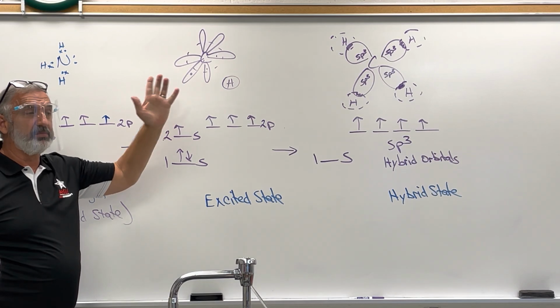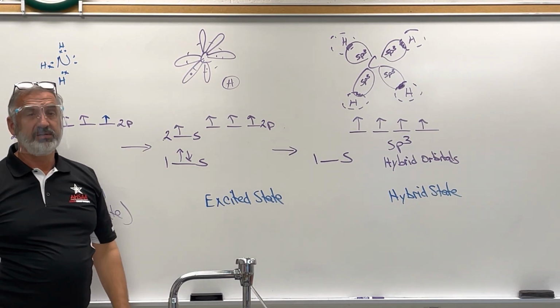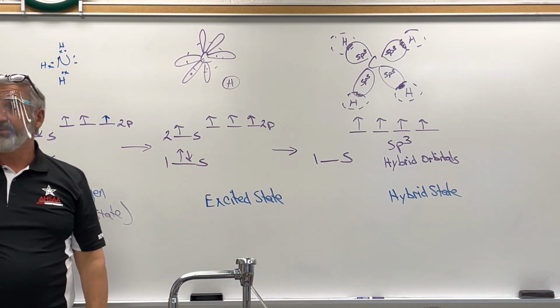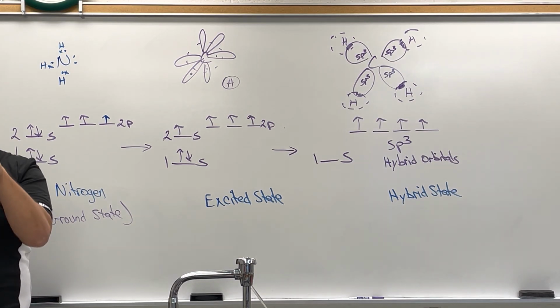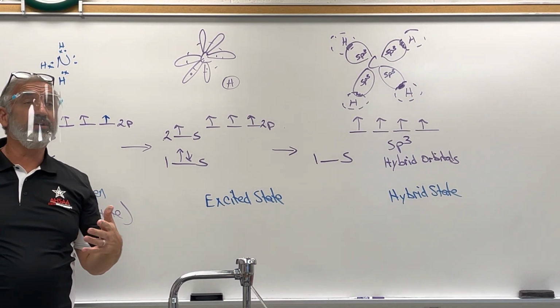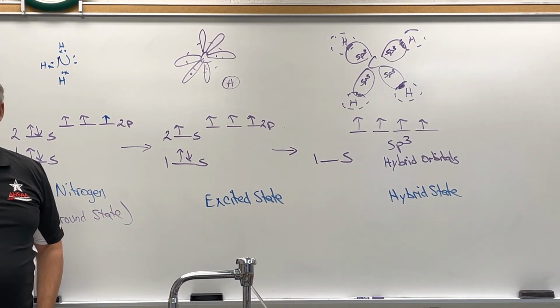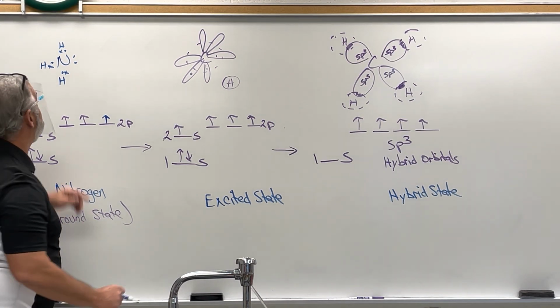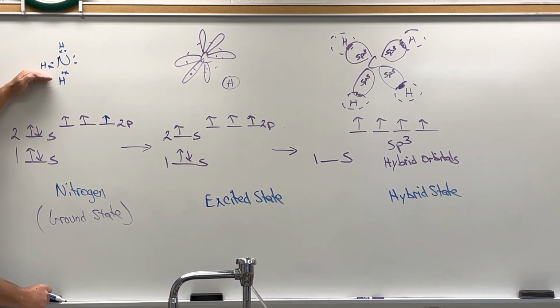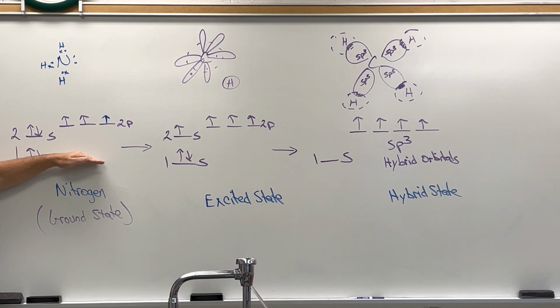How are the 3 p orbitals oriented? Perpendicular to each other, on the x, the y, and the z axis. So what's the angle on perpendicular? 90 degrees. So if ammonia bonded just with the p orbitals, all the bond angles would be 90. And guess what? They're not.